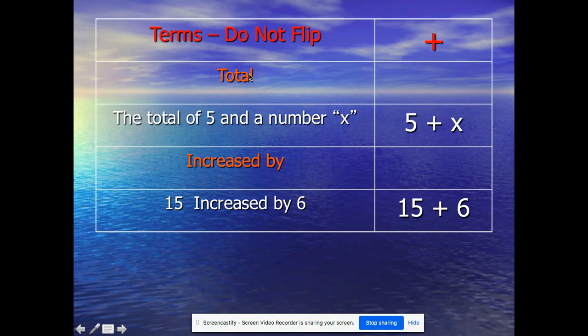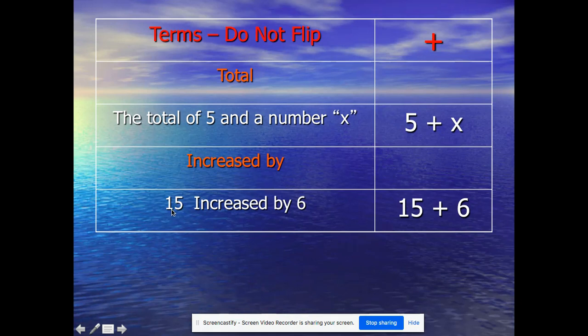Up here it says terms do not flip. Whenever you see the word total and whenever you see increased by, what do not flip means is the 5 came first in the verbal expression, so it came first in our mathematical expression. The x came second, so it would go second.